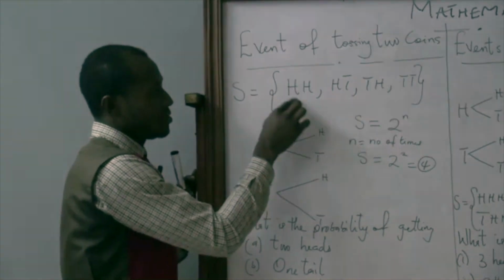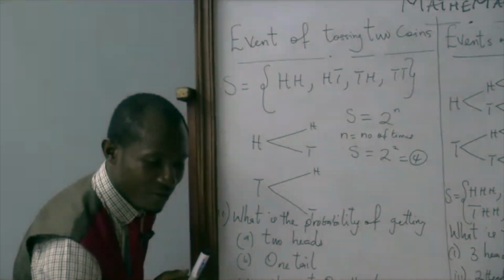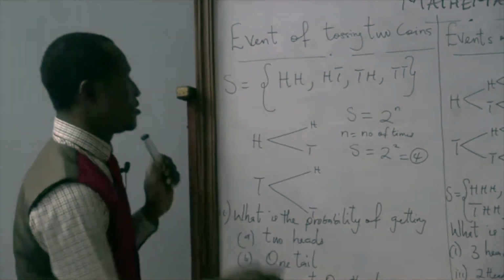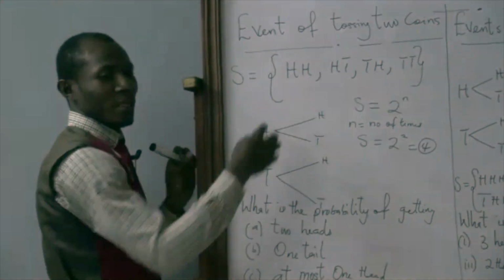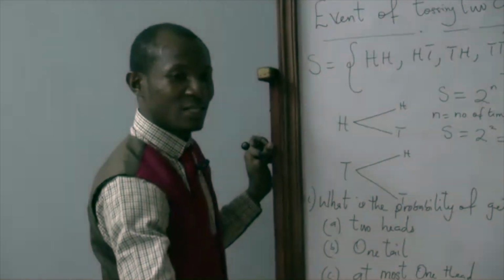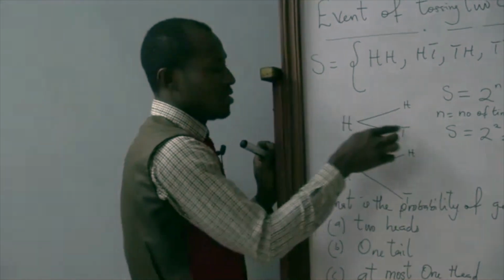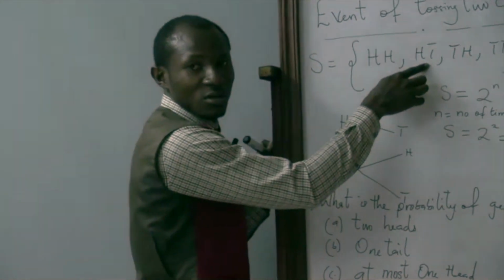So just count like this. Head, head. That will be the first outcome. That is, if I toss the 2 coins, it's either I have a head and a head. If I toss it again, it's either I have a head in the first place and a tail on the second one. So this is head, tail, and this is how I got that. Head, tail. That's the next one.